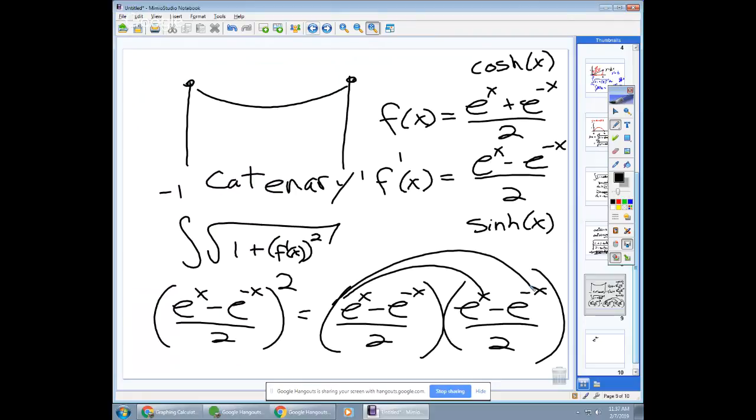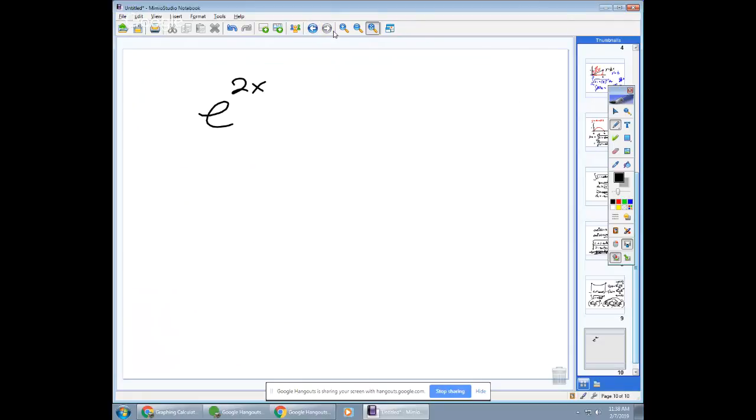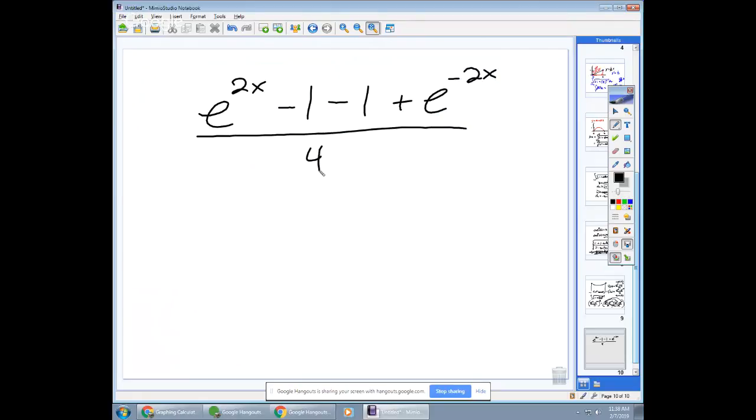And then I'm going to get a negative 1 here, too. And then I'm going to get a plus e to the negative 2x. So I'm going to get a minus 1, then another minus 1, then a plus e to the negative 2x, all over 4.